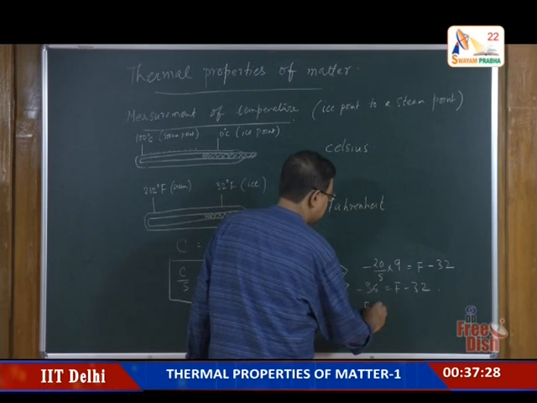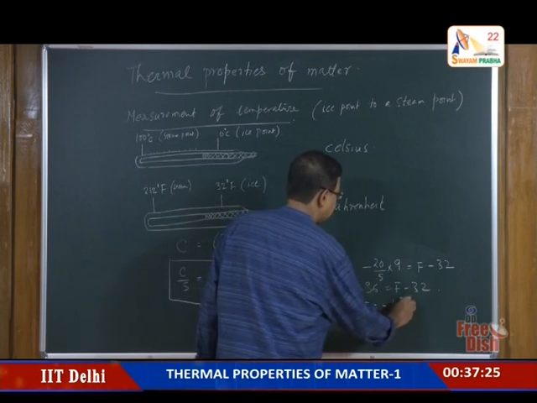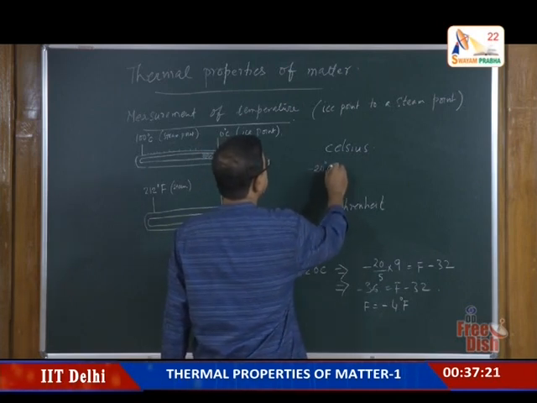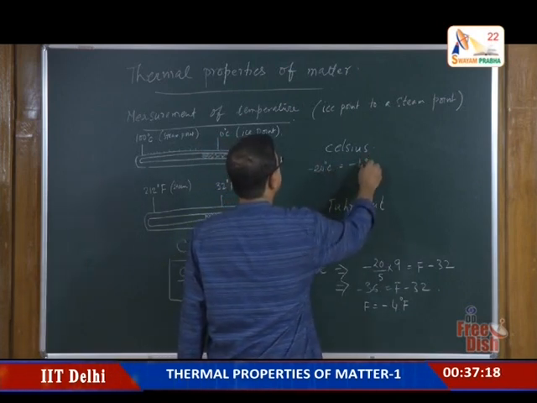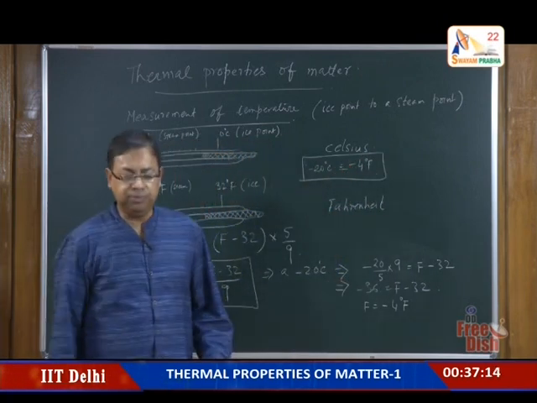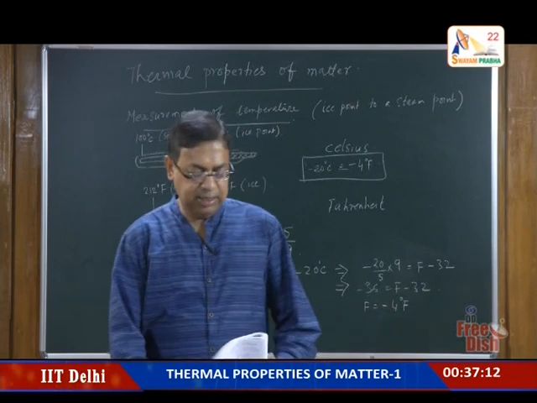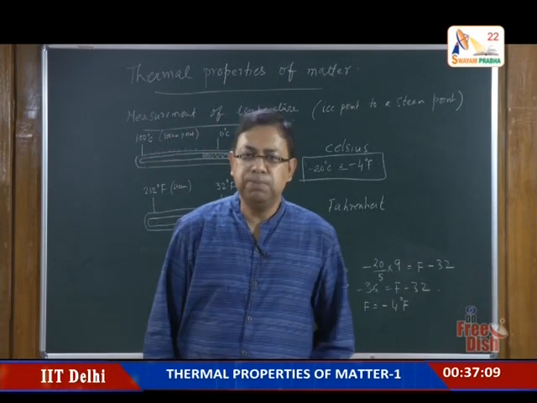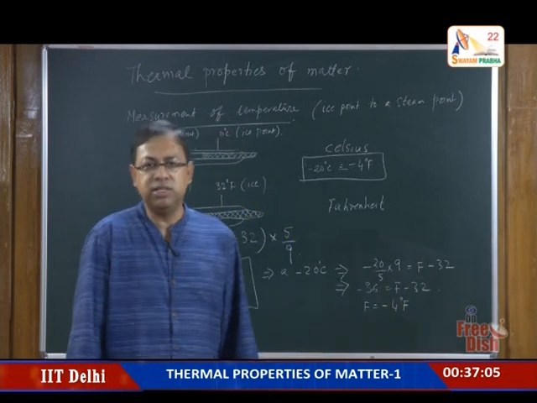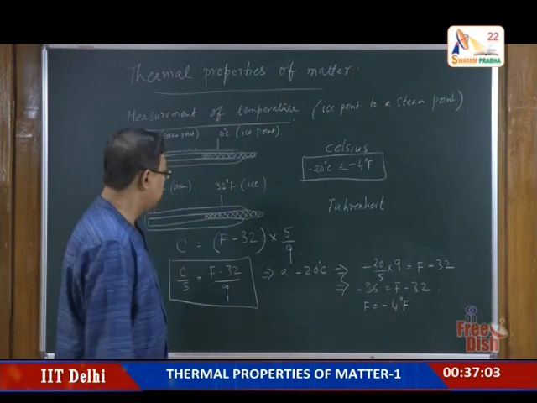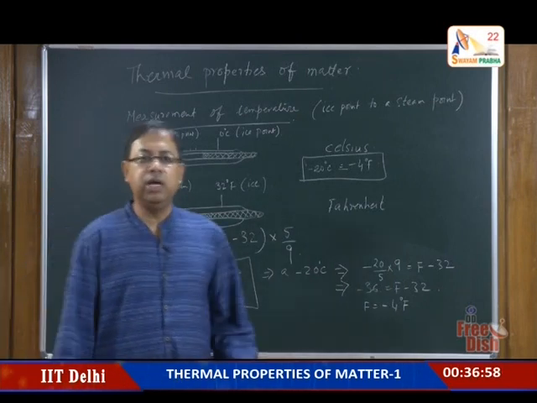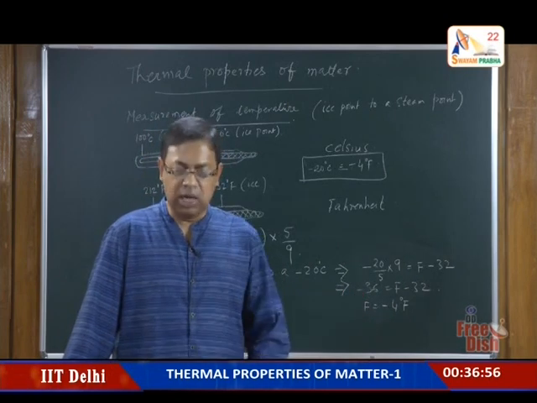So F is equal to minus 4 degrees Fahrenheit. So minus 20 degrees centigrade is equal to minus 4 degrees Fahrenheit. That's the conversion. All right. So this is the relationship between the two scales, namely the Celsius and the Fahrenheit scales, and one can use this relation to take any temperature reading in one scale and convert it to another.